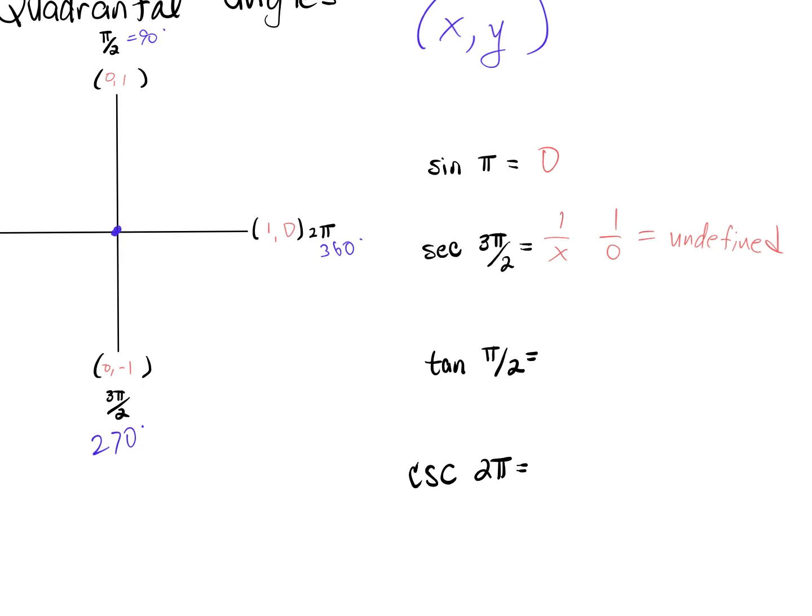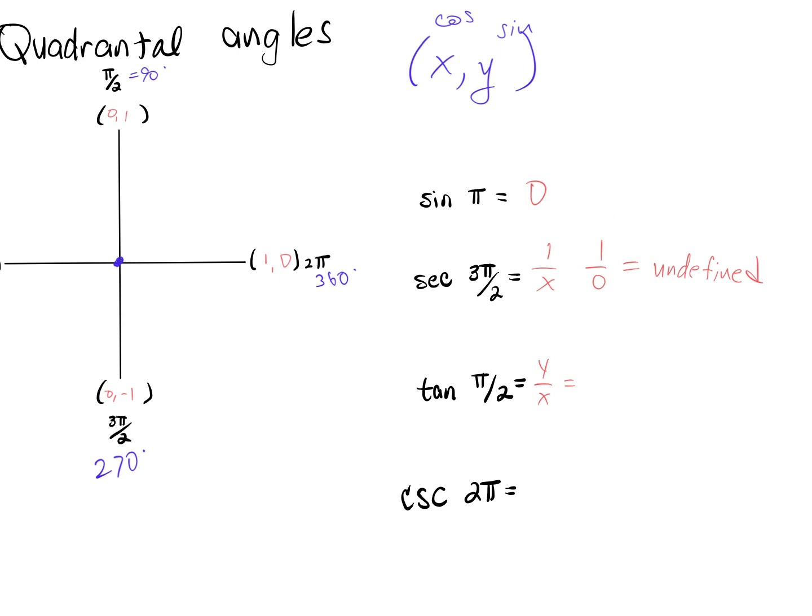Tangent of pi over 2. Well, tangent's y over x, correct? Tangent of pi over 2. What's the y value? 1 over 0. So what is my answer here? Undefined, right? If 0 is on top, it's 0. If 0 is on the bottom, it's undefined. What's cosecant?